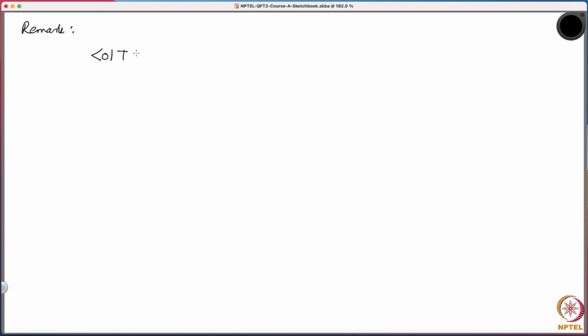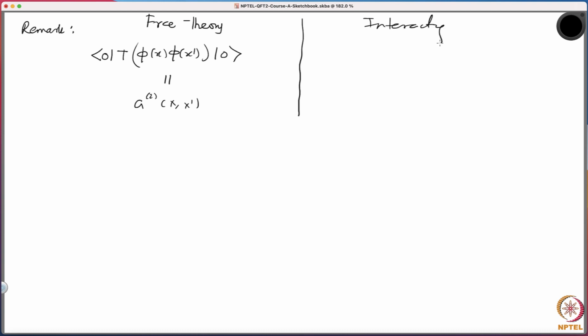This is in free theory, and this is G2 of x, x prime. In an interacting theory, you have this object, which we denote again by the same symbol.